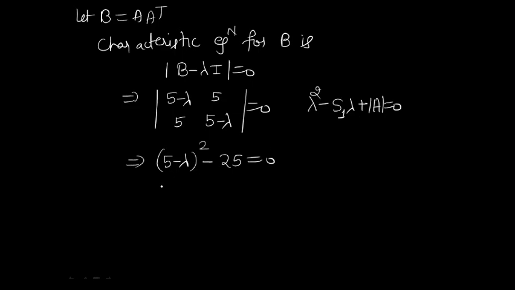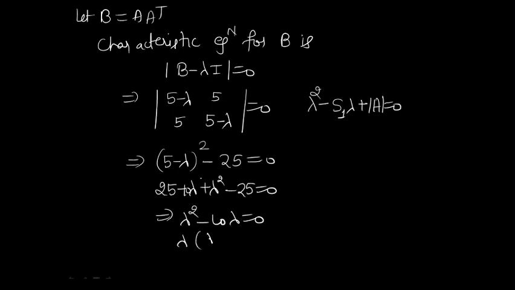So it gives you 25 minus 10 lambda plus lambda square minus 25 equal to 0. So it is lambda square minus 10 lambda equal to 0. Taking lambda common, we quickly get lambda equal to 0 and lambda equal to 10.